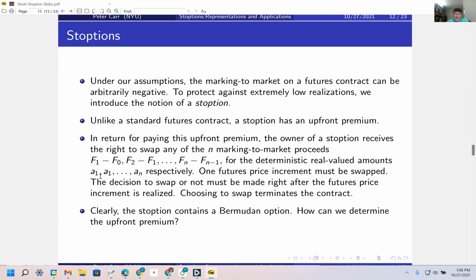Okay, now that said, you could say, Carr, why are you calling this a stoption? It's more like some kind of forward contract, but let's say with multiple dates of exercise. And there's some truth to that statement, but let me defend myself for calling this a stoption in two different ways. So first, you do have optionality over when you have to do this swap.